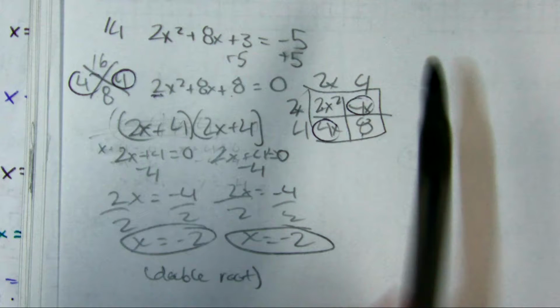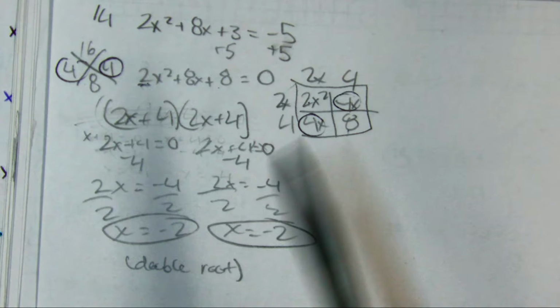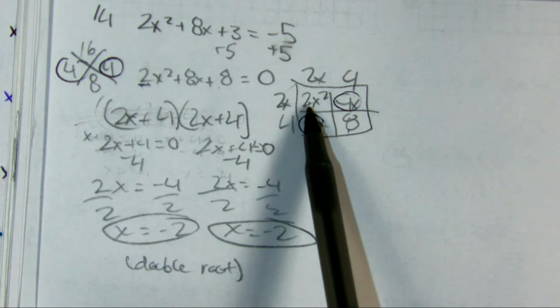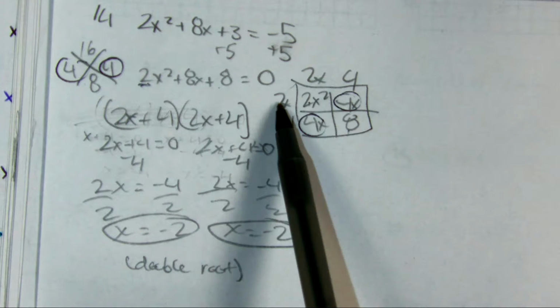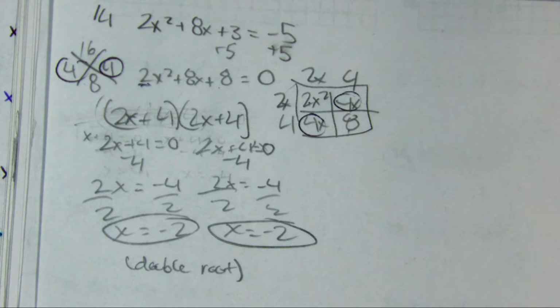Now, something I noticed here: 2x times 2x, class, is going to be what? 4x squared.